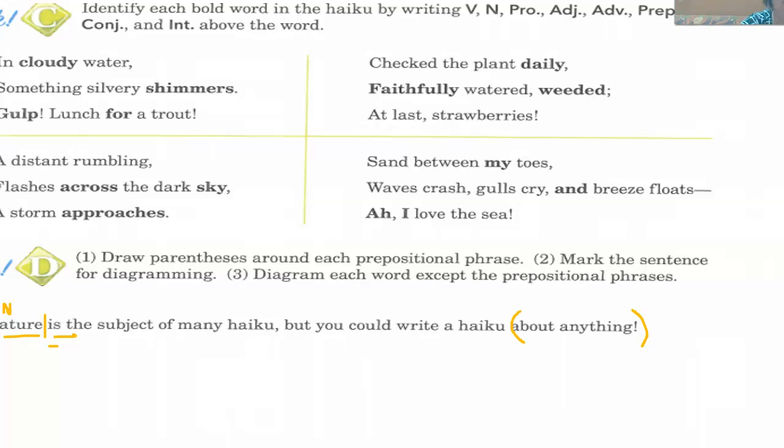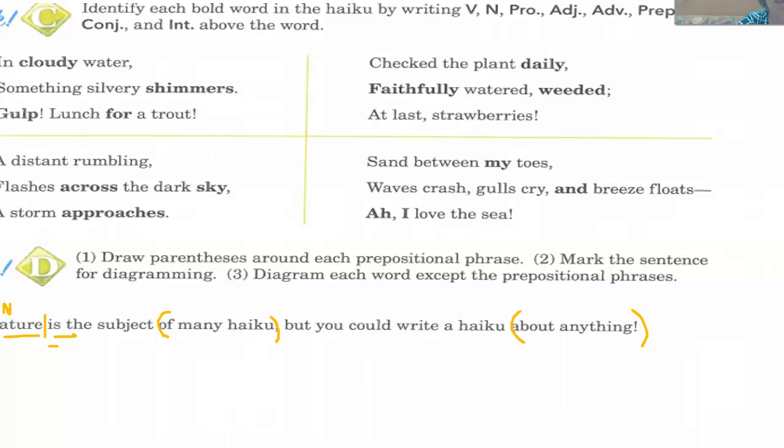Nature is. Sorry, I'm trying to pause it and my cursor won't go over the pause. Sorry, I needed to stop for just a moment. There's also a second prepositional phrase, of many Haiku.